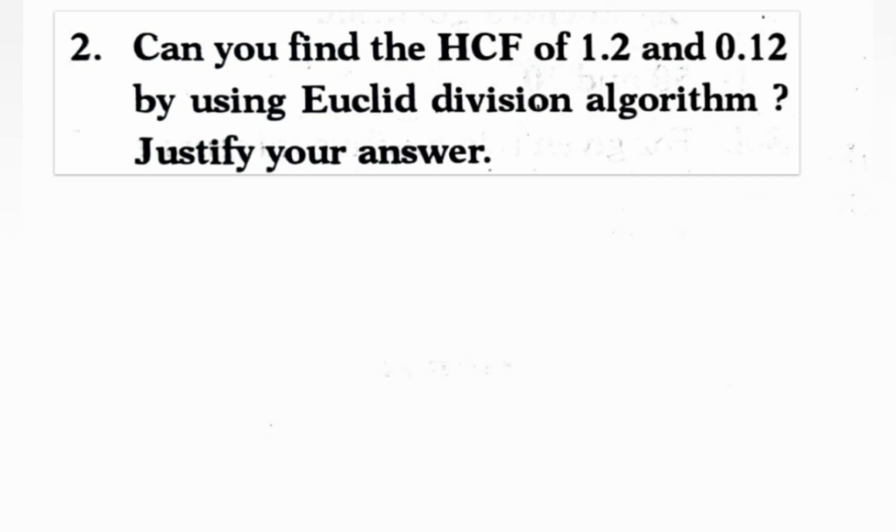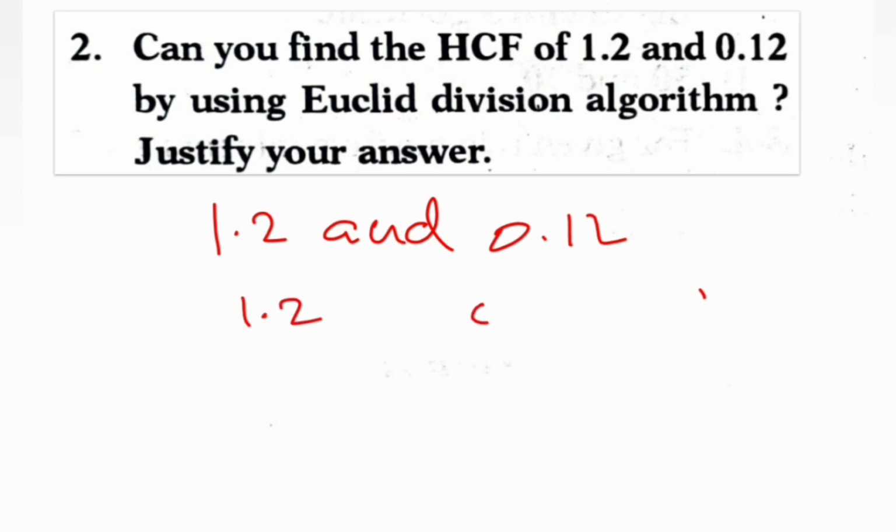No, it is not possible to find HCF of 1.2 and 0.12 by using Euclid division algorithm, because Euclid division algorithm is applicable only for positive integers, but here 1.2 and 0.12 are not integers, these are decimal numbers, so it is not applicable for this Euclid division algorithm.